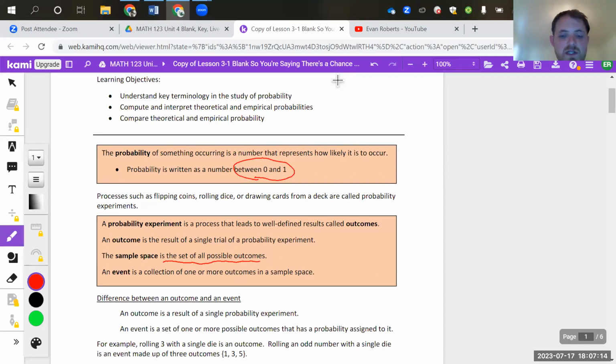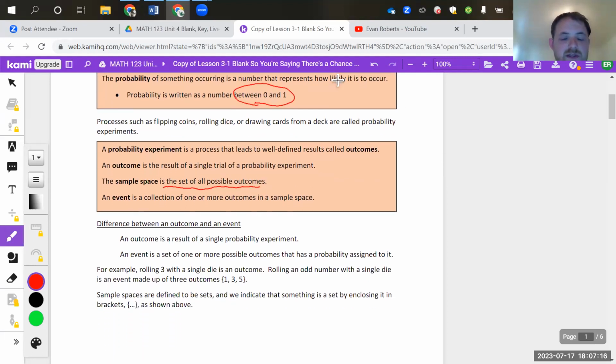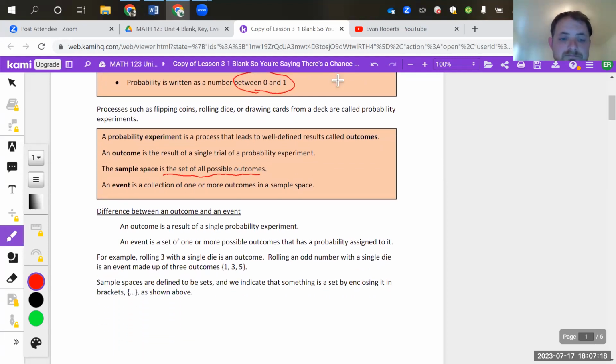Okay. And so the first one starts out with just rolling a dice, or just one die. And so we've got an event and an outcome. And so the event is when it's one or more of those possible outcomes, whereas an outcome is just a single probability.